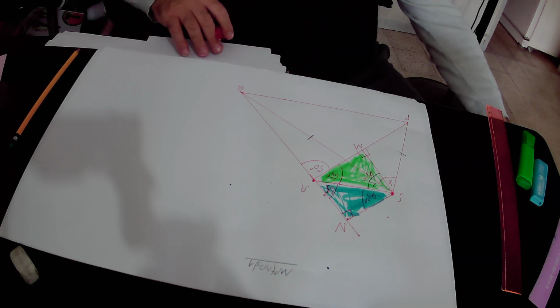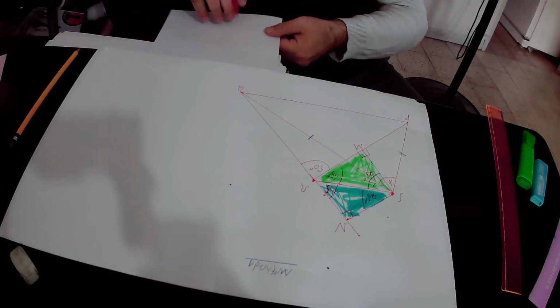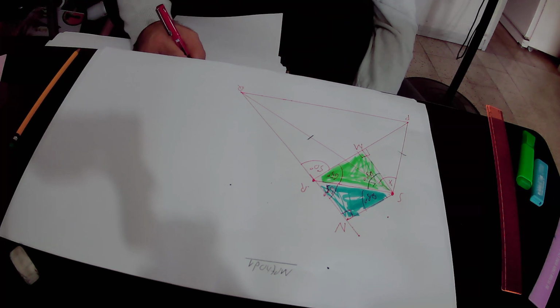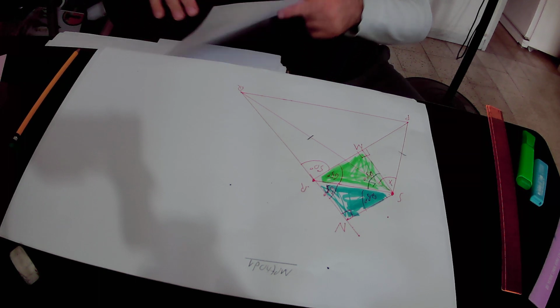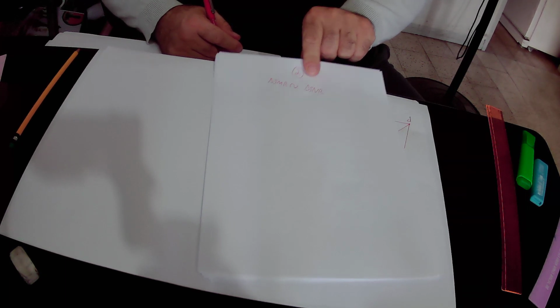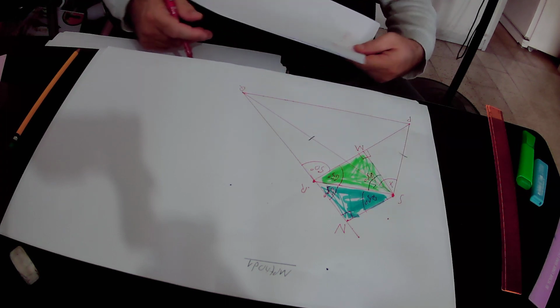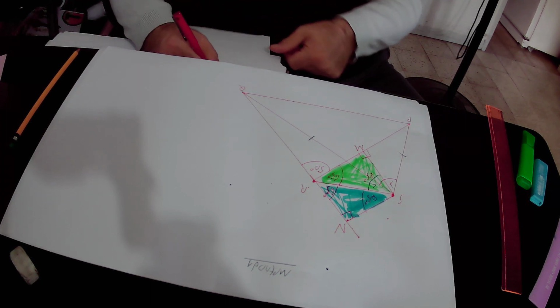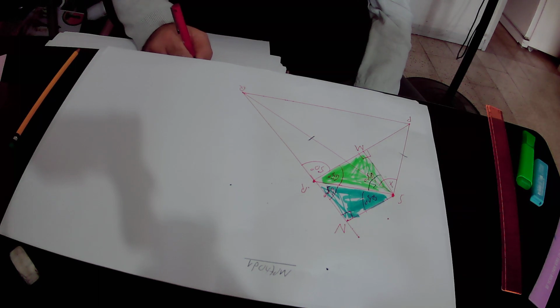Therefore, we actually proved that the green triangle, triangle SMR, is congruent to the blue triangle, triangle SNR, according to angle side angle rule.